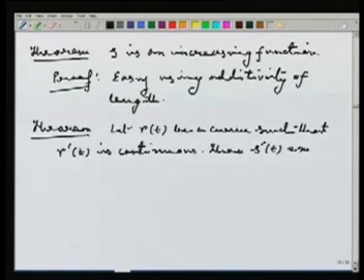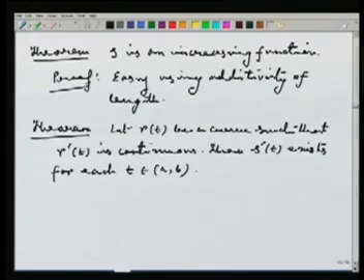exists, that is the function S which we have defined turns out to be a differentiable function for each t in the open interval (a, b), and S prime t is equal to norm r prime t.